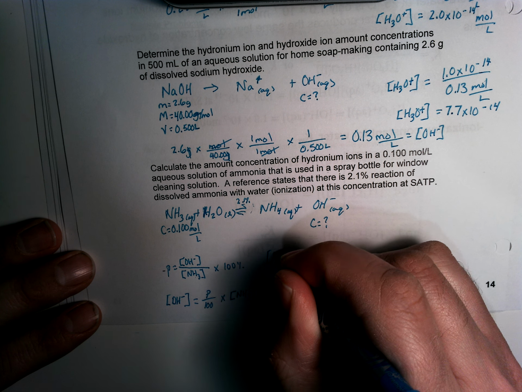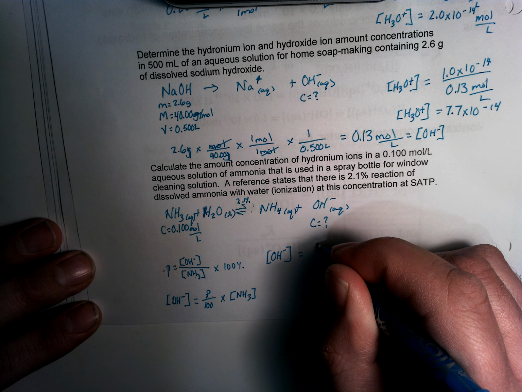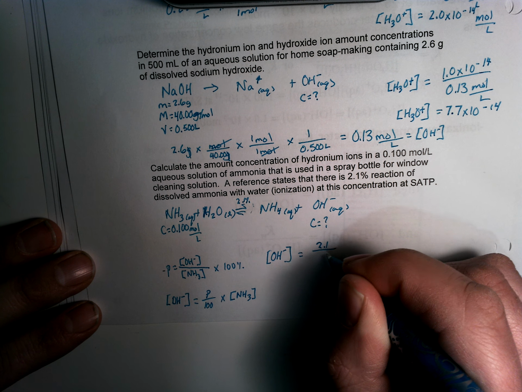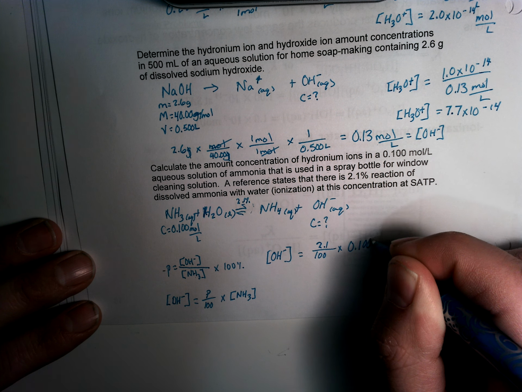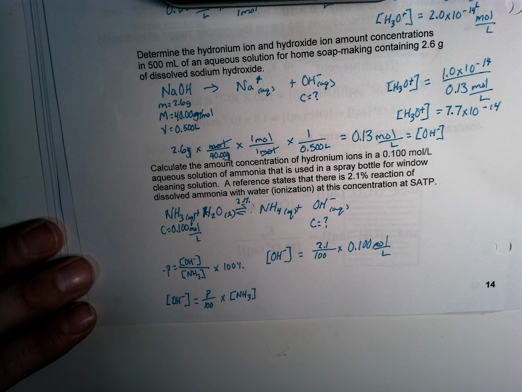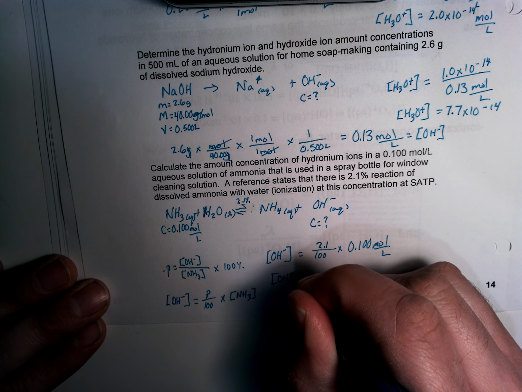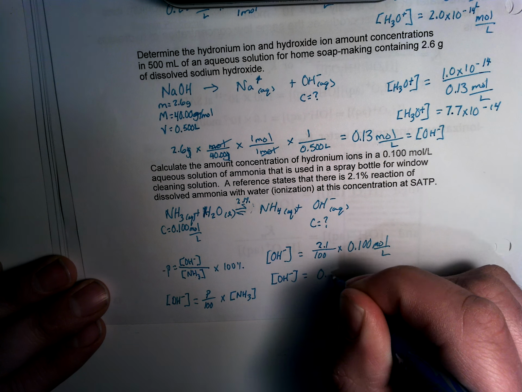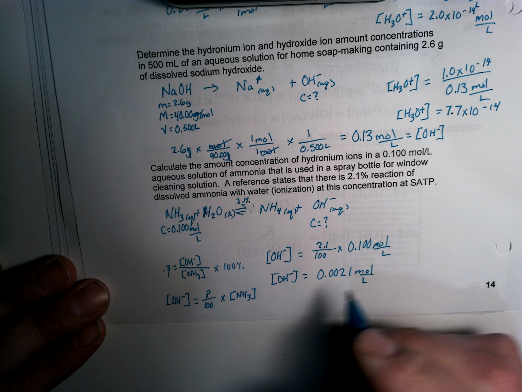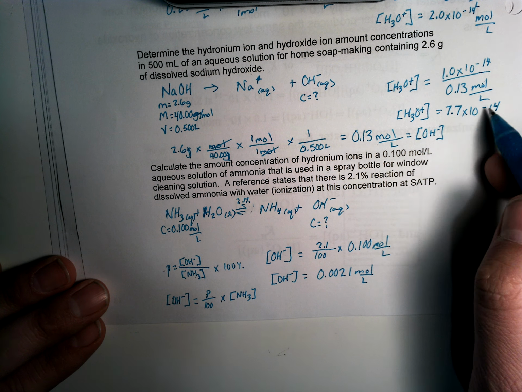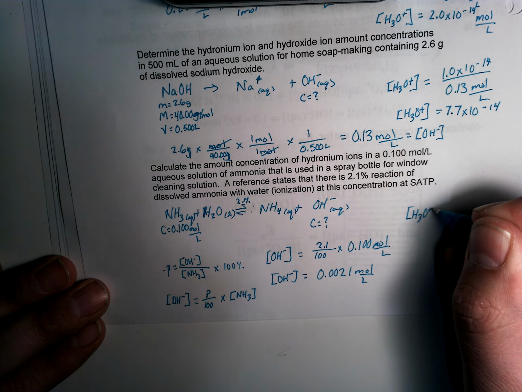So our concentration of hydroxide is equal to 2.1% over 100 times 0.100 moles per liter, which equals 0.0021 moles per liter.